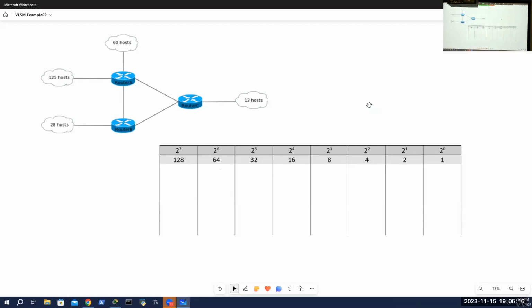So I never put an initial network out here. That would help. So I need to tell you what the initial network is. It's going to be a /24, because if we were a /16, then you wouldn't need the VLSM.